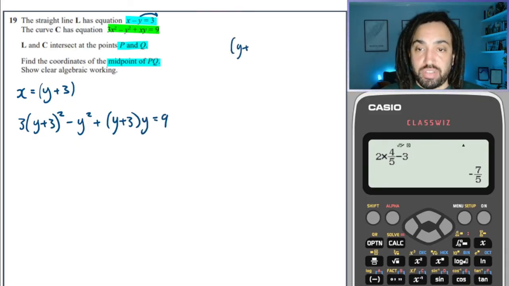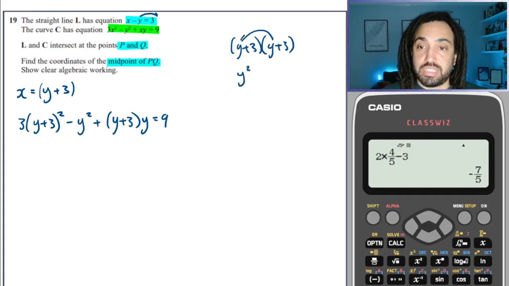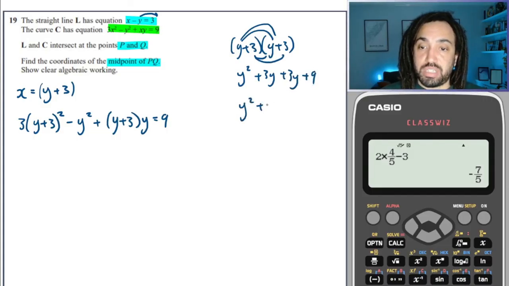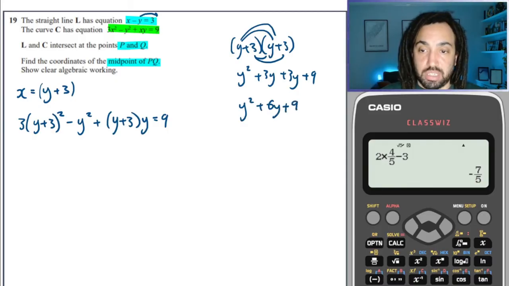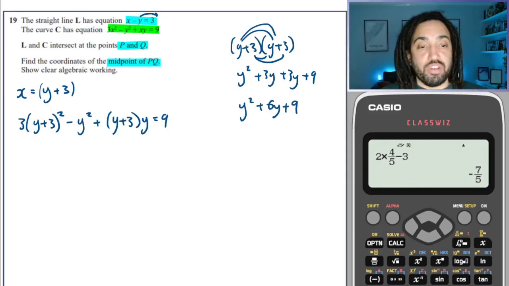Okay, I'll just quickly over here do y plus 3 squared, which is y plus 3 times by itself, which is y squared plus 3y plus 3y plus 9, which is y squared plus 6y plus 9. So if I'm timesing that by 3, then I need to just times this by 3.